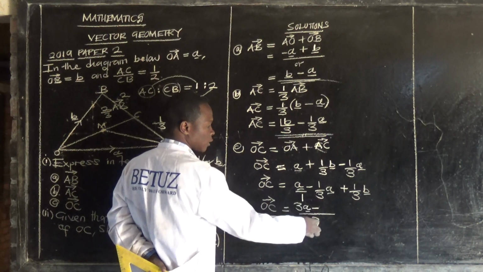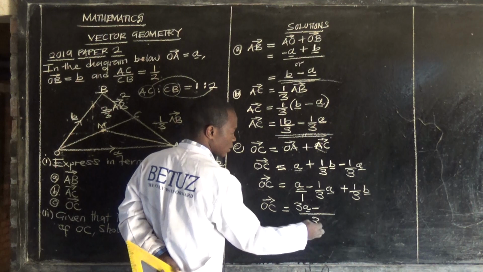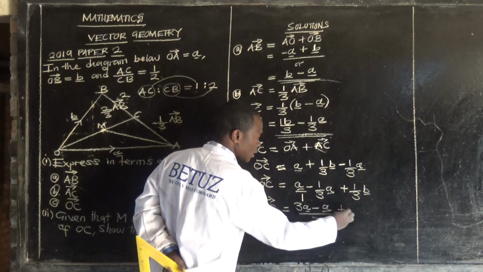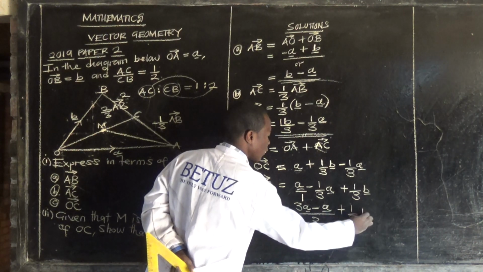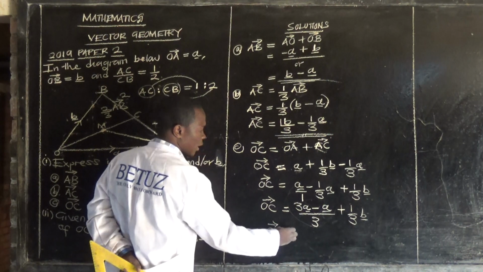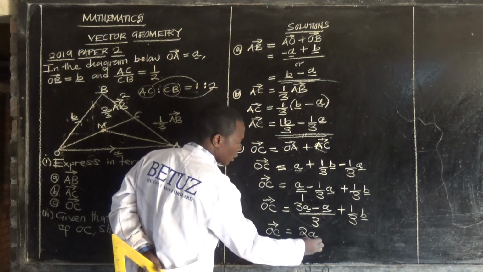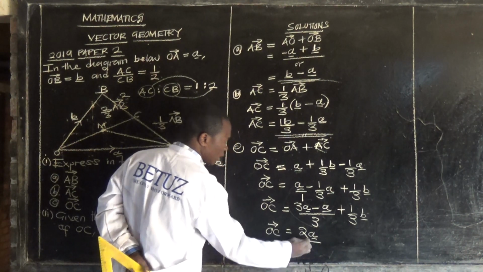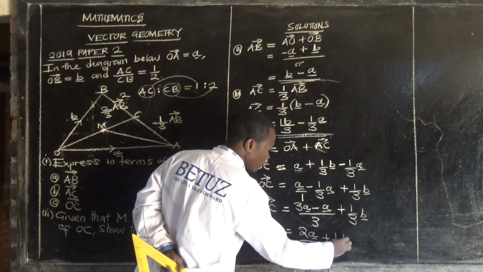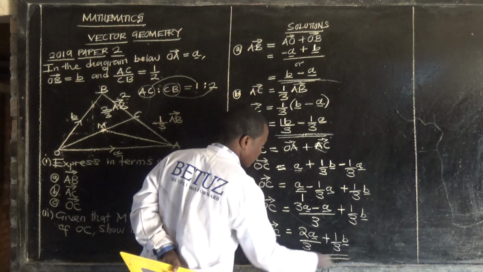Minus 3 into 3, it's 1. 1 times A, you get A. Then plus 1 over 3 vector B. So OC is equal to 3A minus A, you get 2A over 3, plus 1 over 3 vector B. So this is our answer.